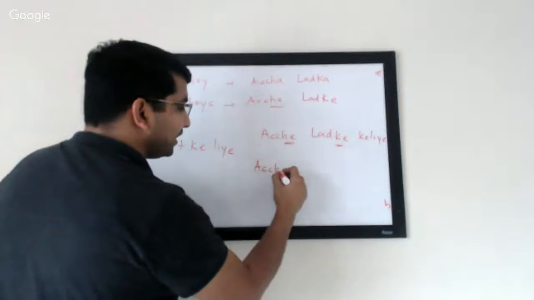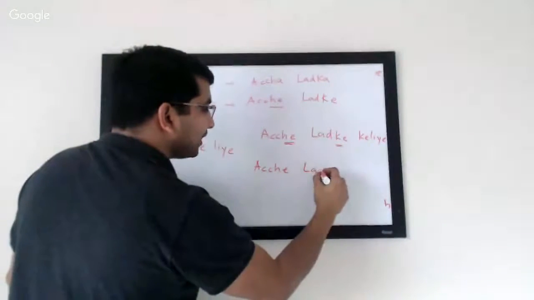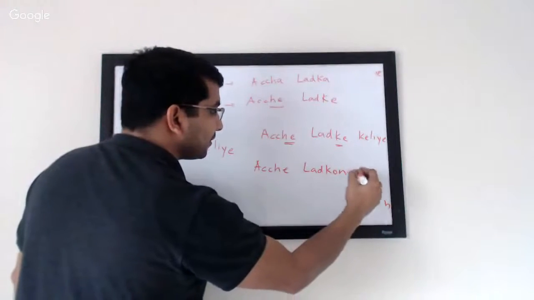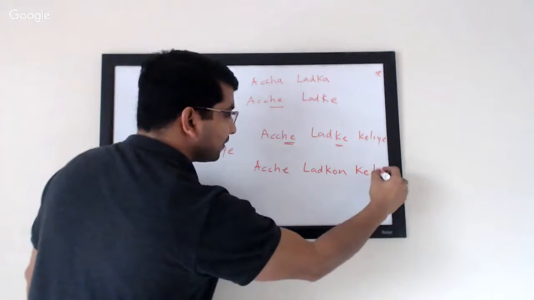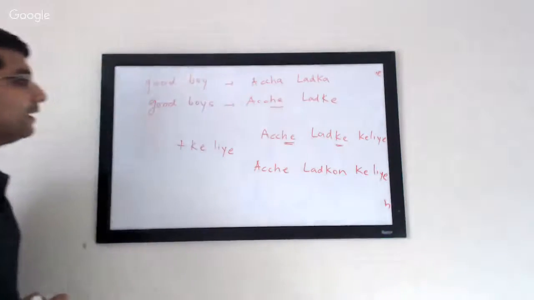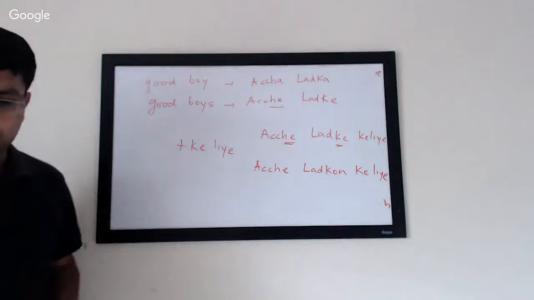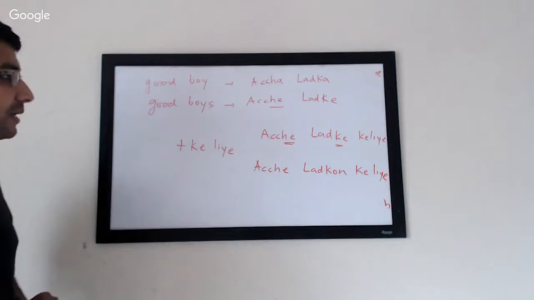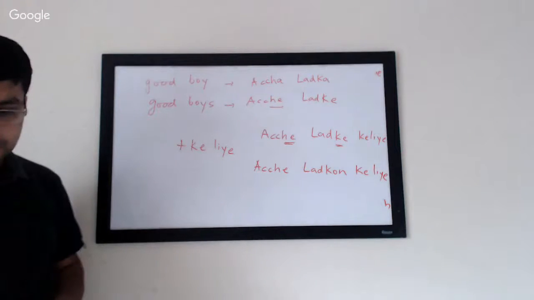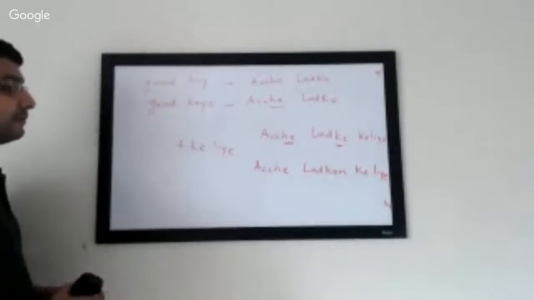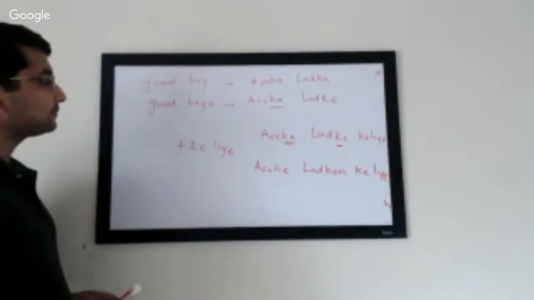You have अच्छे लड़कों के लिए. Okay, so this is how it works for the masculine singular and masculine plural. Okay, so I hope this one is clear. I'll quickly repeat the same thing for girl.